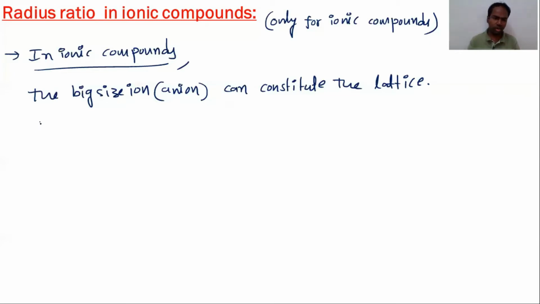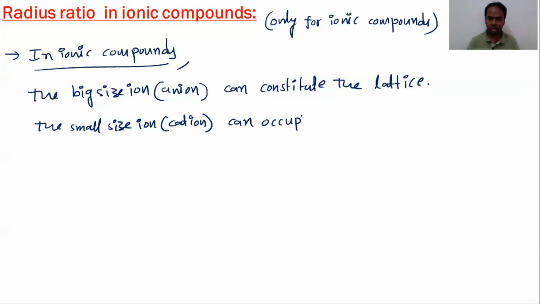Generally the small size ion is a cation, so the cation can occupy the void. Here the anion makes the crystal lattice, and while packing these anions, the voids are generated. These voids are occupied by the cations.